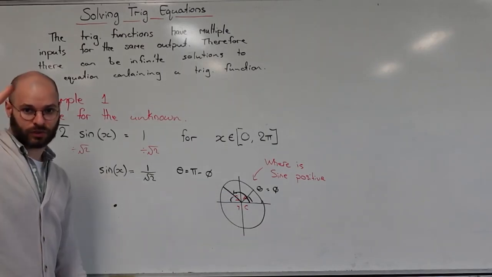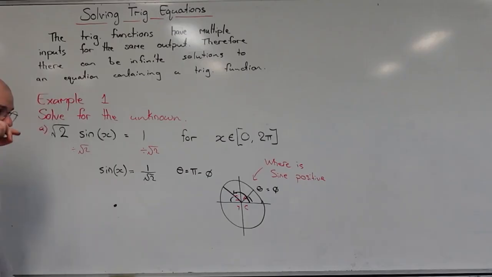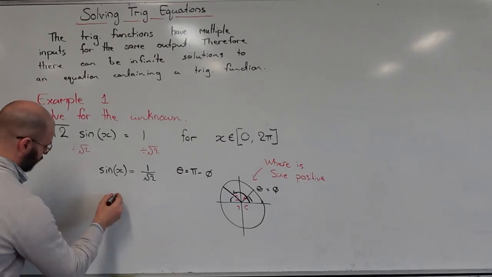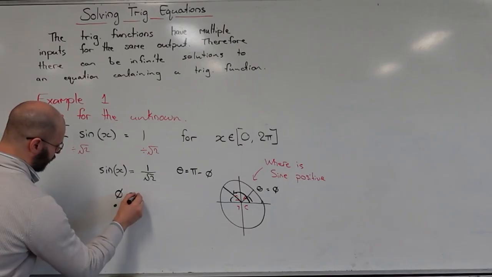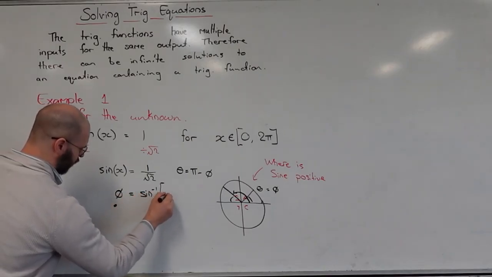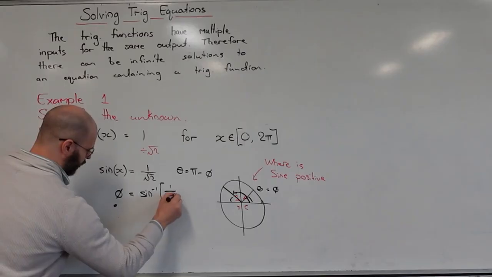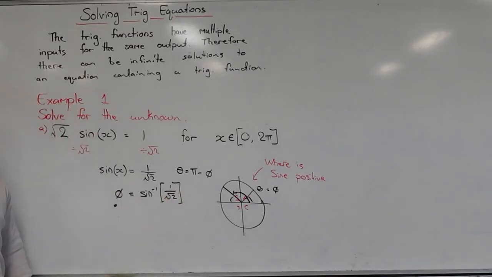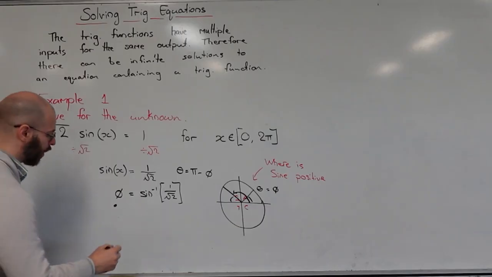So we're going to get two solutions to this equation for one period. My first solution, well, firstly I'm going to write phi is going to be the inverse sine of 1 on root 2. And if we look this up in our reference table, which is on the back, it's the same as root 2 on 2, which is the same as pi on 4.